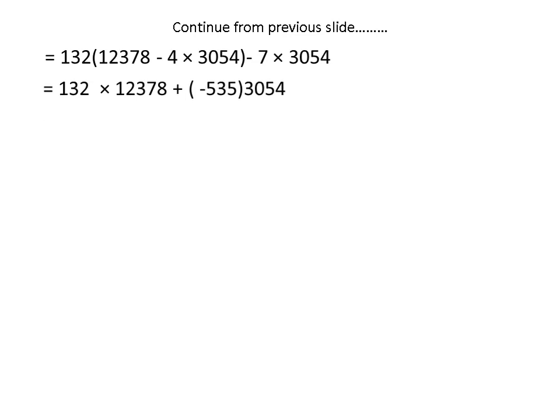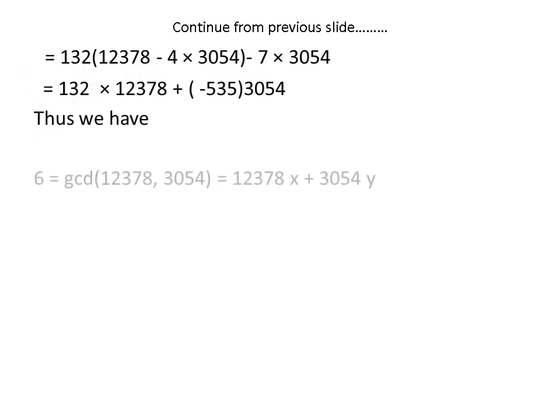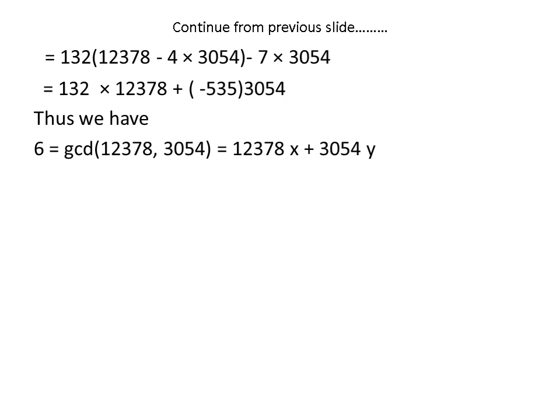Now we'll collect coefficients of 3054 and it will be minus 4 into 132 plus minus 7. So that term will be minus 535 and the coefficient of 12,378 is just 132. So here we can see that we have expressed this GCD 6 in the form ax plus by, where x is 132 and y is minus 535.